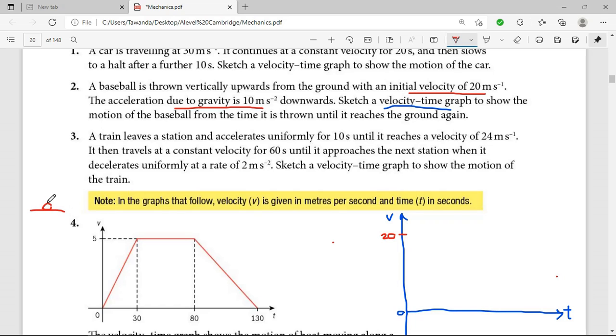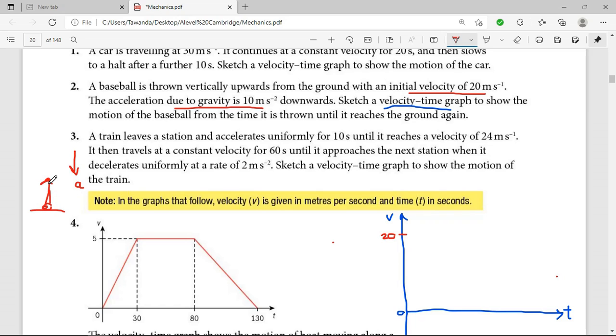You throw the ball vertically upwards, and the acceleration of gravity is always acting downwards. So while the ball is moving upwards, acceleration is acting downwards, so the velocity will be decreasing.